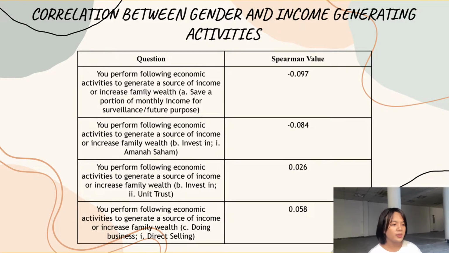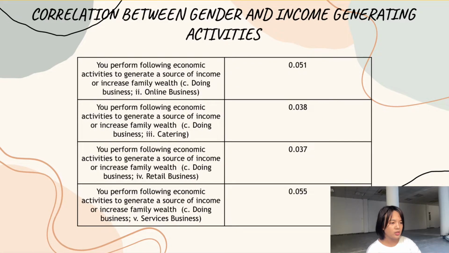Doing business by direct selling and online business also show weak positive interaction with the Spearman values 0.058 and 0.051 respectively. By doing catering business, the Spearman value shows 0.038, indicating weak positive interaction.